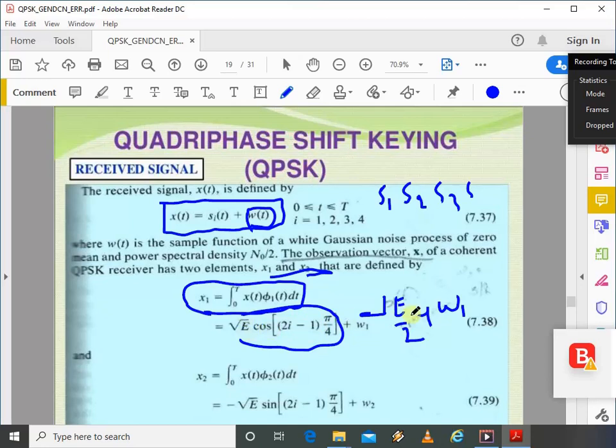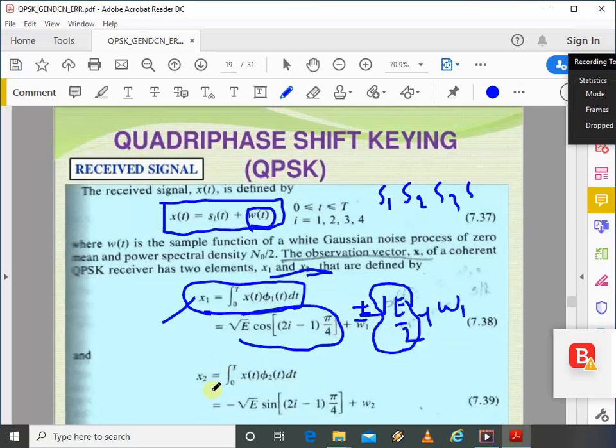So the result of this will be square root of E by 2 plus w1. Therefore, the expected value of the signal x1, the expected value of this random variable x1, will be either plus or minus square root of E by 2, depending upon whether you consider angle pi by 4, 3 pi by 4, 7 pi by 4, 5 pi by 4.